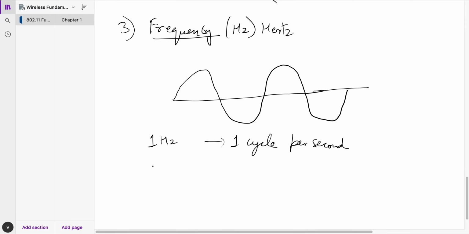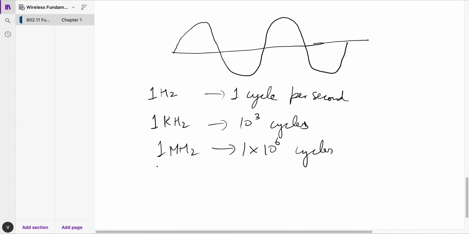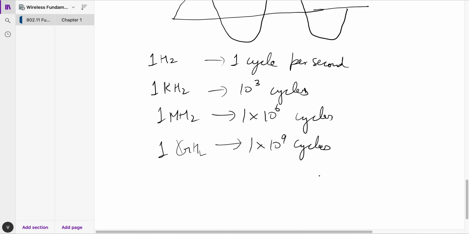When we talk about 1 kilohertz, we talk about 10 to the power of 3 cycles per second. When we talk about 1 megahertz, we say 1 into 10 to the power of 6 cycles per second. When we talk about 1 gigahertz, we say 1 into 10 to the power of 9 cycles per second.